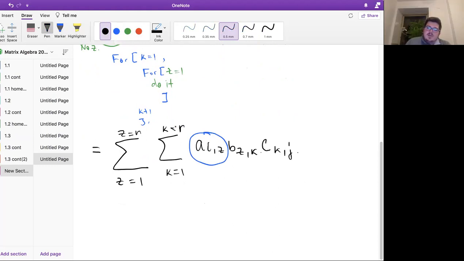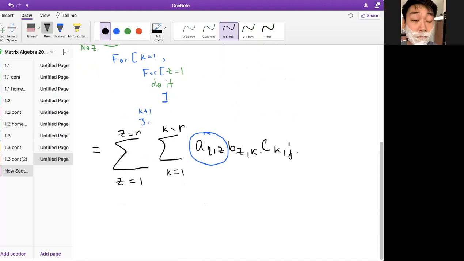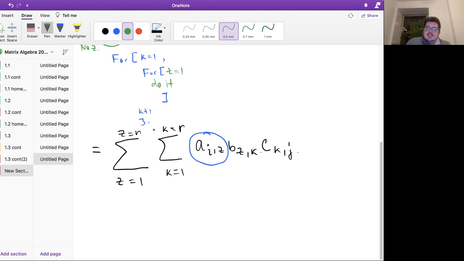Notice that in this summation, what's after the A? This should be an I. So notice in this summation, when I run from K equals 1 to R, does this term change?